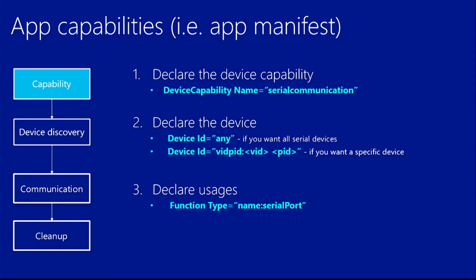And then in the function type capability declaration, you need to declare the particular function on the device that you're interested in. For example, if you had a multi-function device, you would be interested in talking to the serial part of it, hence the name serial port is what you would declare in the function type declaration.